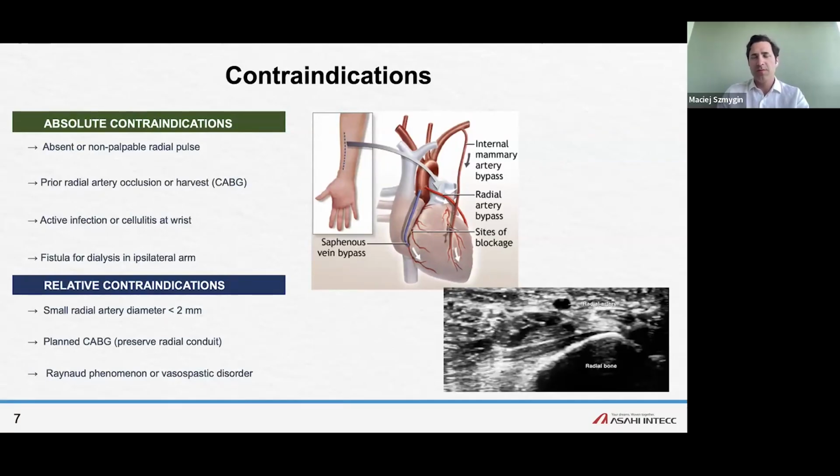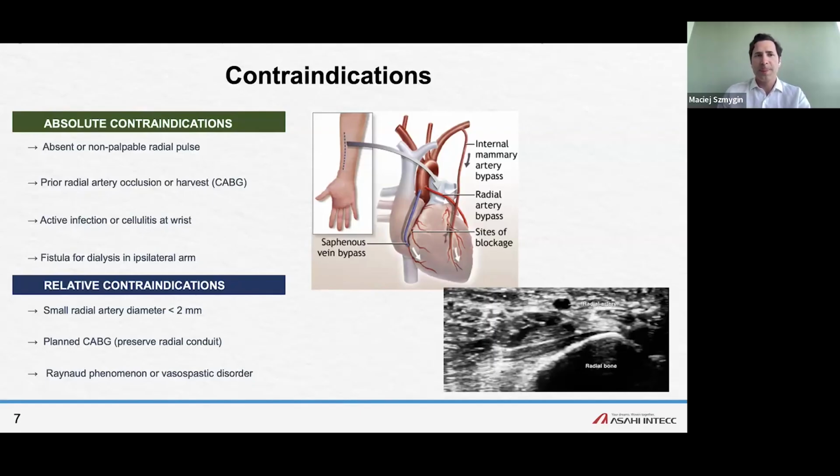If we feel it, it's okay. But then we perform ultrasound and we take patients with at least 2 millimeters of lumen. That's our recommendation. Don't take patients with prior radial artery occlusion or harvest, especially patients after coronary bypass. So these are the patients to avoid.